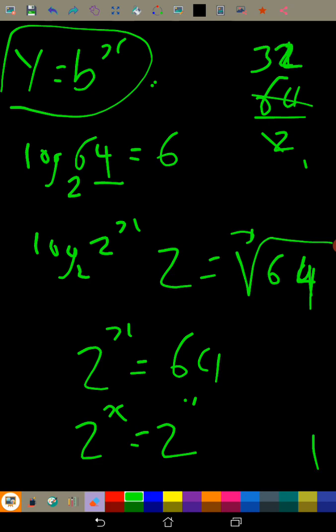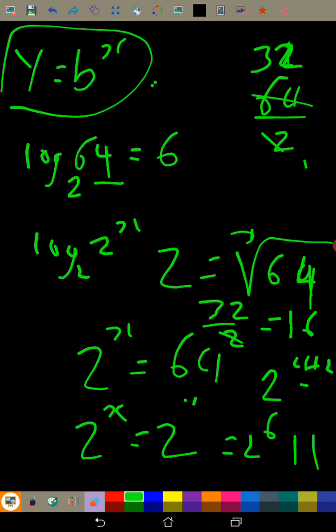So this is 1. 32 divided by 2 is 16, so this is 2, and 16 we know it's to the power 4, right? Because it's 4 times 4. So 4 plus 2, 2 is equal to the power of 6. So we got the answer.